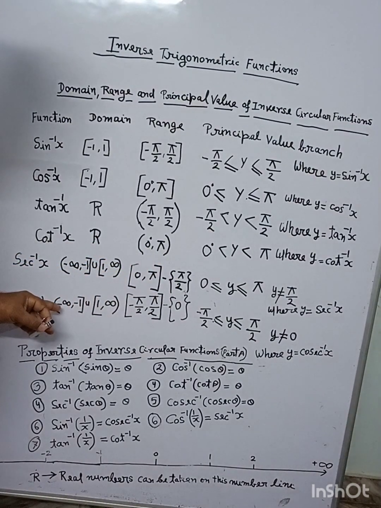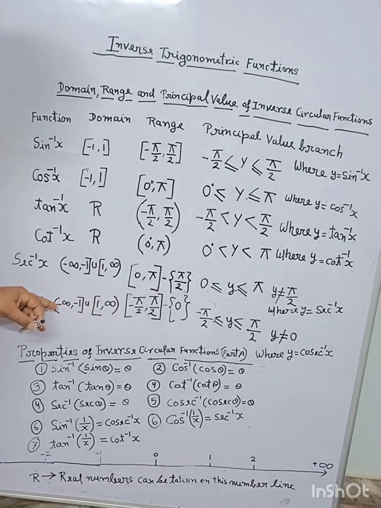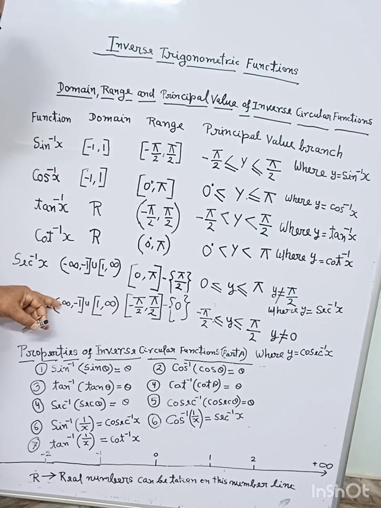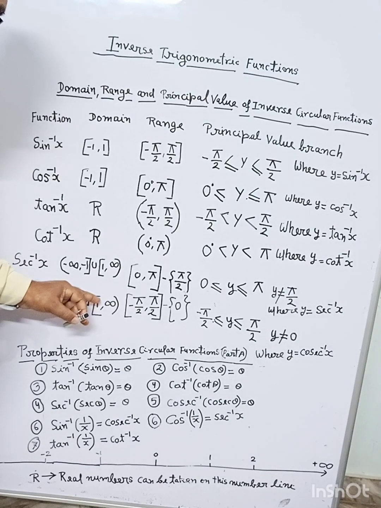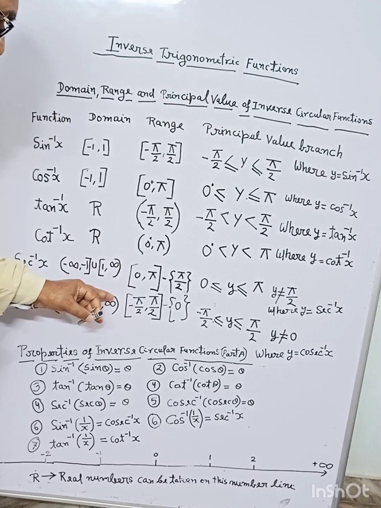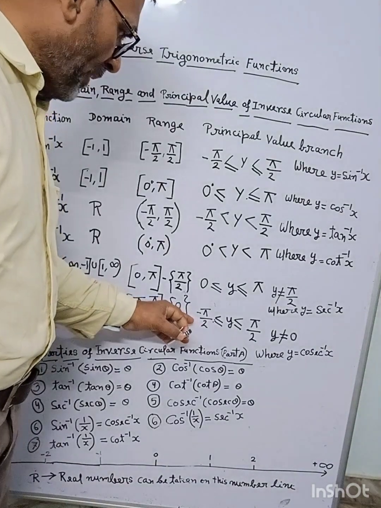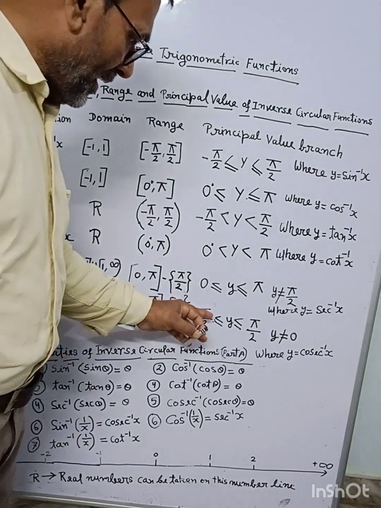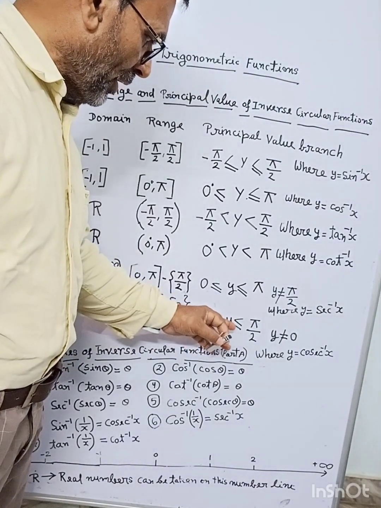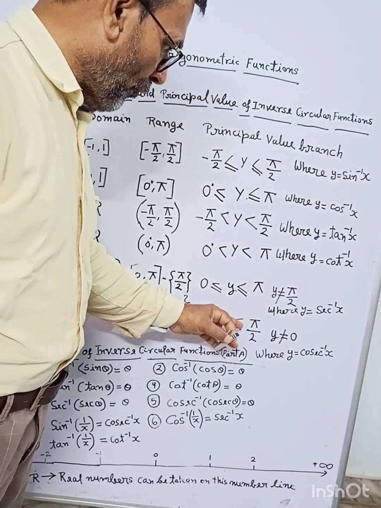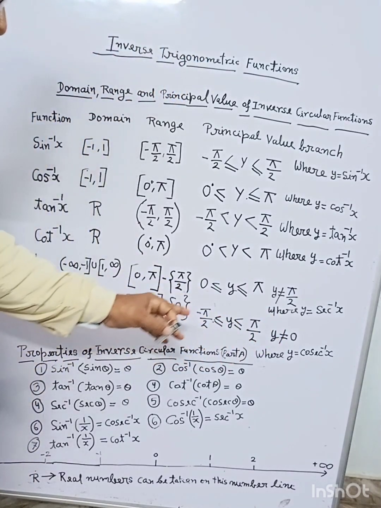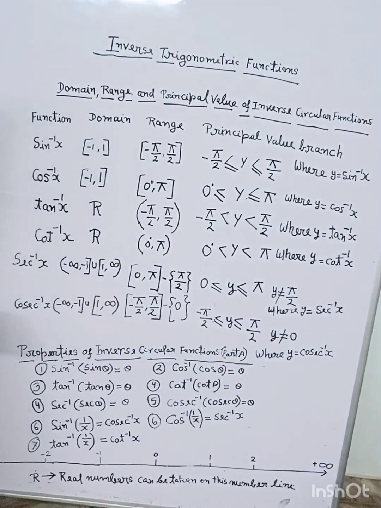The domain is open interval minus infinity to minus 1 closed, union closed interval 1 to infinity open. Therefore, principal value branch is minus pi by 2 is less than or equal to y is less than or equal to pi by 2, y is not 0, where y is equal to cosec inverse x.